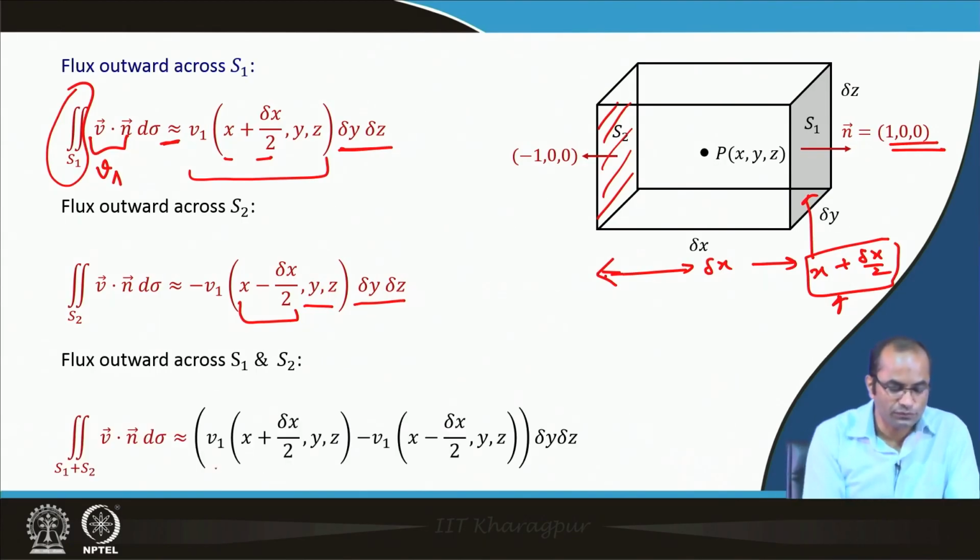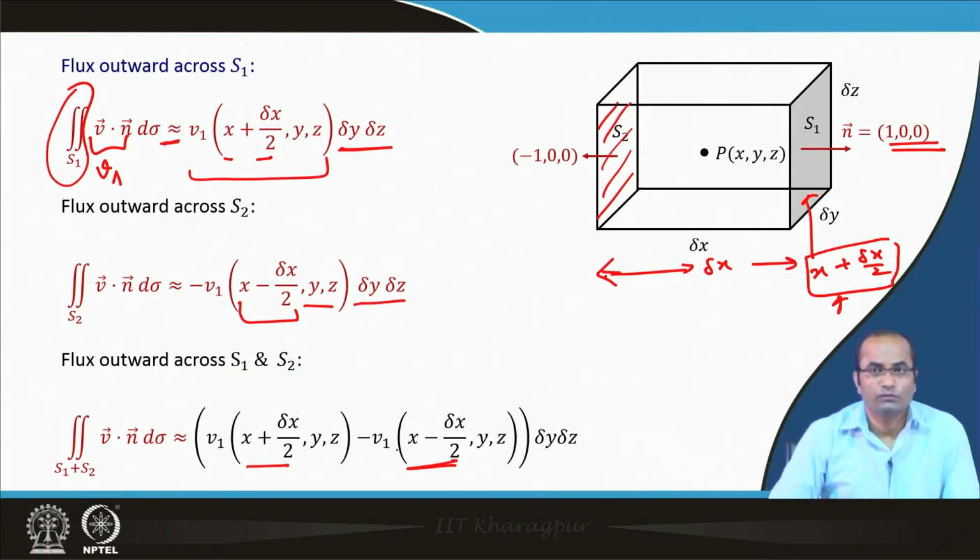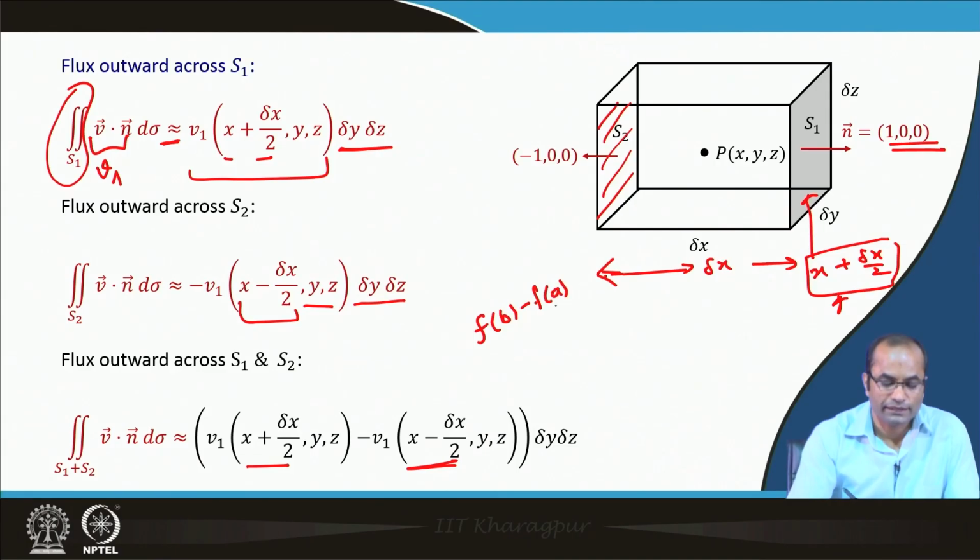If we add the two, we have v1 and then minus v1 again at x minus delta x by 2. So, the first argument here of v1 varies, from x plus delta x by 2 to x minus delta x by 2. Now, we will apply the mean value theorem. Just to recall, we have f(b) minus f(a) divided by b minus a.